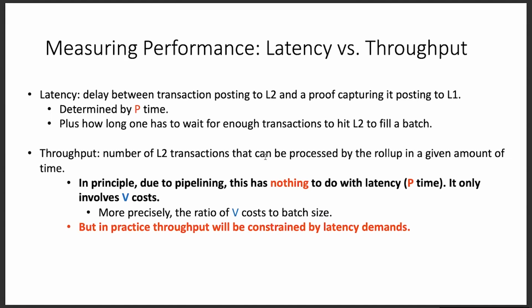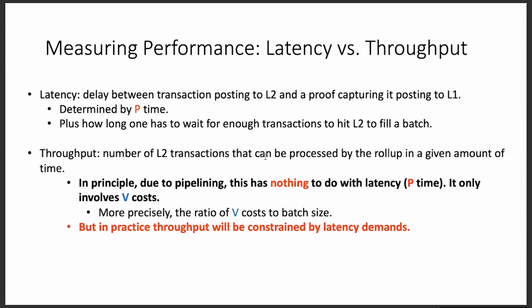So there are lots of things that can limit throughput in practice. I flagged this last time because a lot of the rollup projects discuss performance in terms of throughput, like transactions per second. If you don't know that they're talking about throughput, you might think transactions per second refers to the speed of the prover, the end-to-end pipeline, which would really be latency, and that's not what they're talking about.